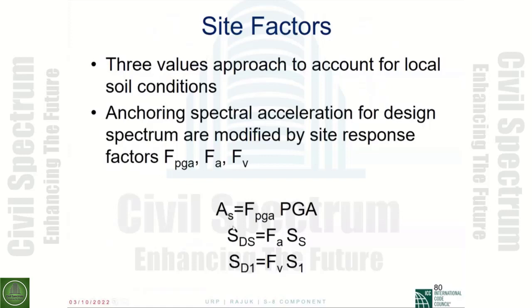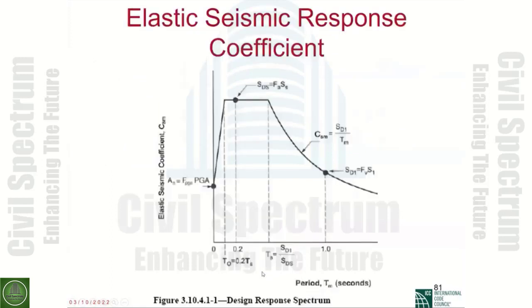So we have these values for the FPGA, where F sub A is for the acceleration and F sub V is for the velocity. We will be able to get S sub DS and S sub D1, and these are the anchor points for the acceleration spectrum or the site response spectrum.